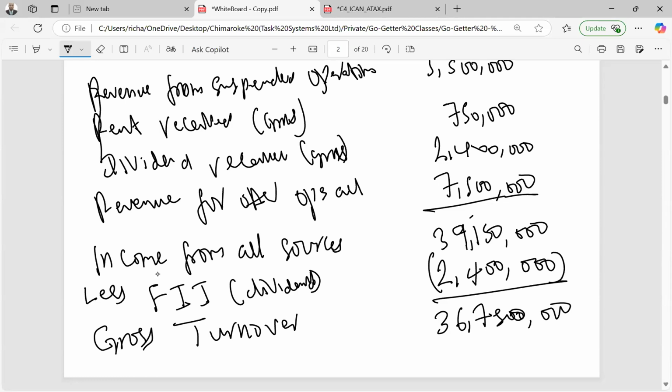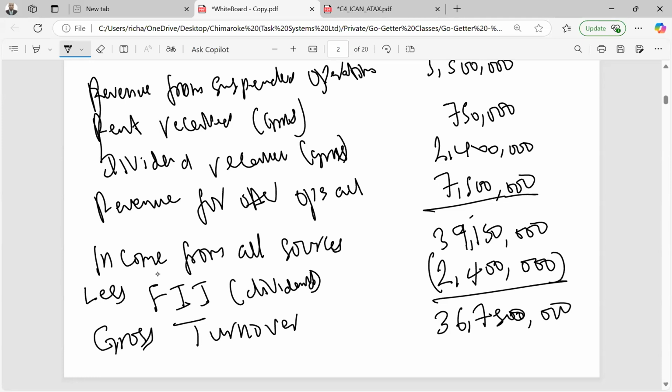If it didn't appear here at all, it is as though you are hiding this revenue. When we add everything, we'd still get 36,750 as before. But you have to disclose it, then use the law to remove it. You have to show proof that withholding tax was also deducted here. That will be the basis of treating it as FII.